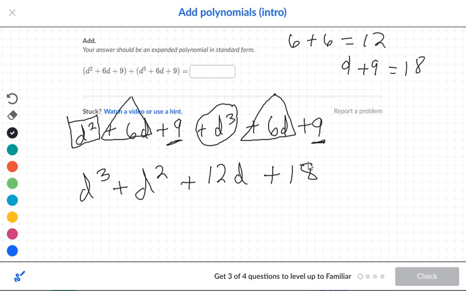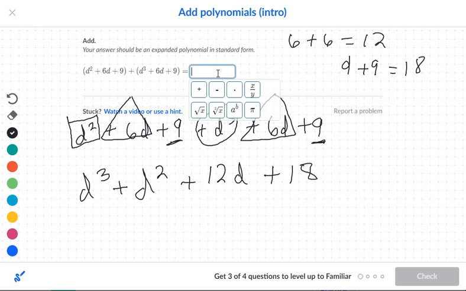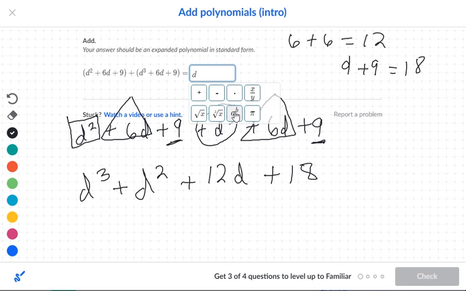Again, after you do your addition, make sure that it's in standard form. Notice I've got a degree of 3, then a degree of 2, then 1, and then no degree shown. So I'm going to type in the letter d, then press the AB key, which allows me to type in the exponent.